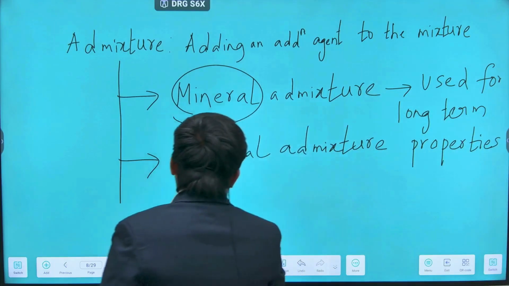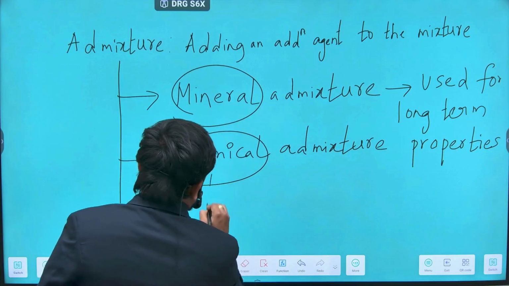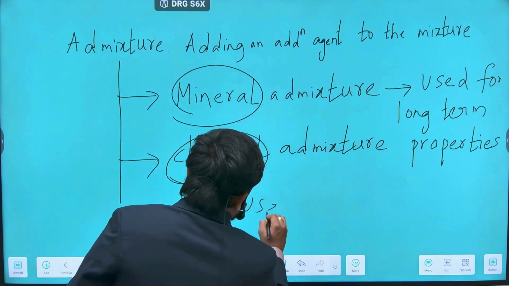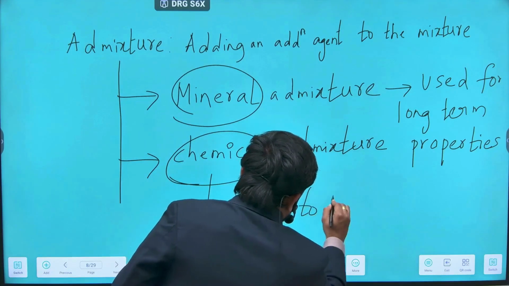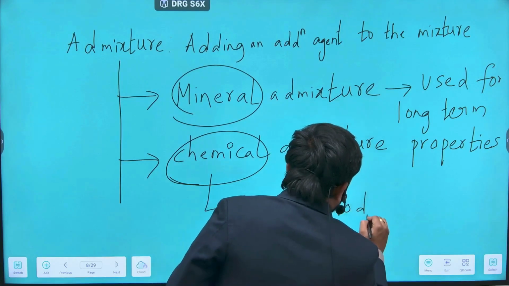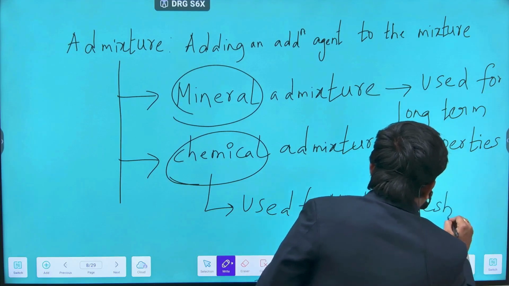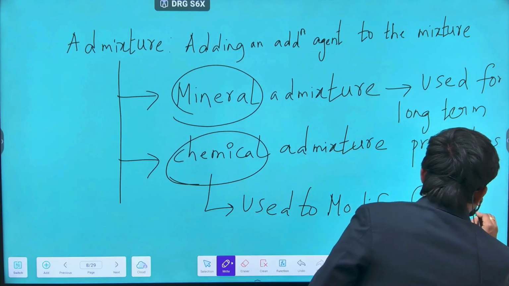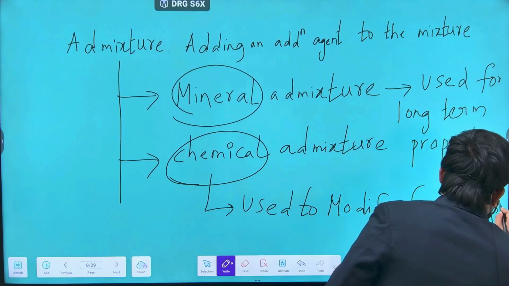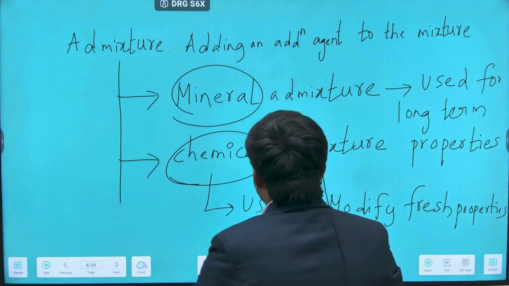Then what are these chemical admixtures? These chemical admixtures are used to modify fresh properties of concrete. If you want to modify any fresh properties of concrete, you can use this chemical admixture.